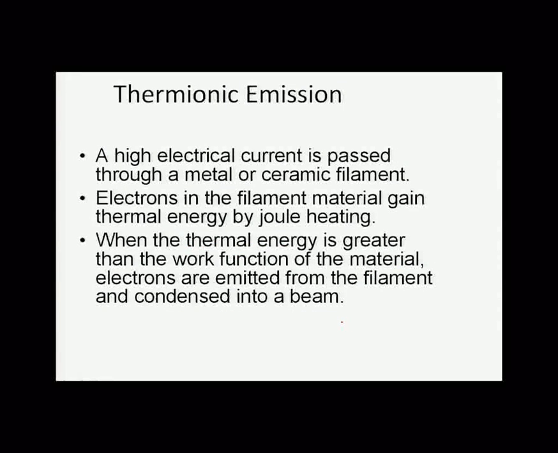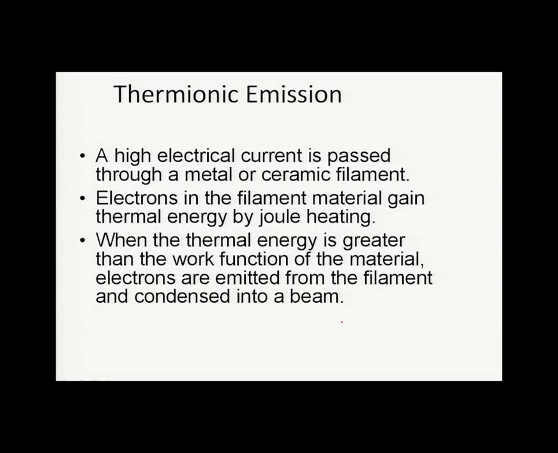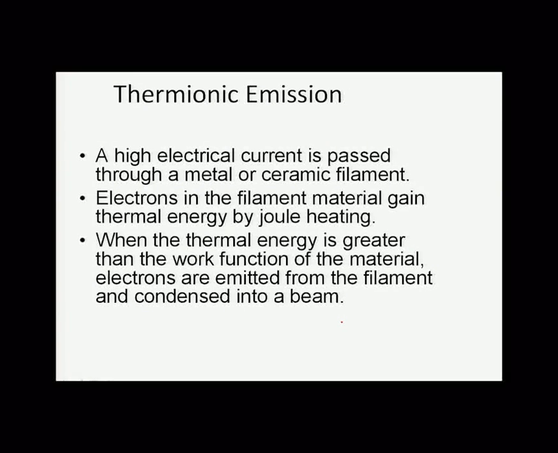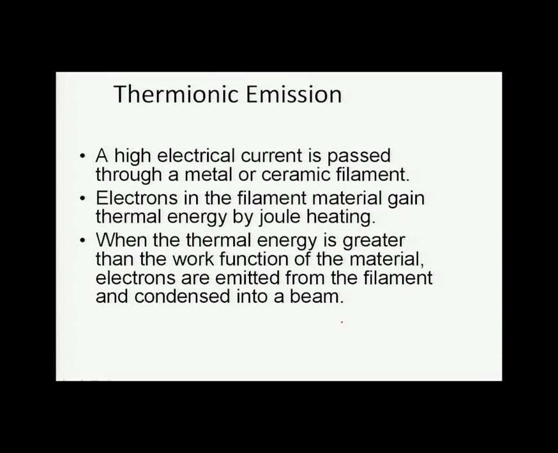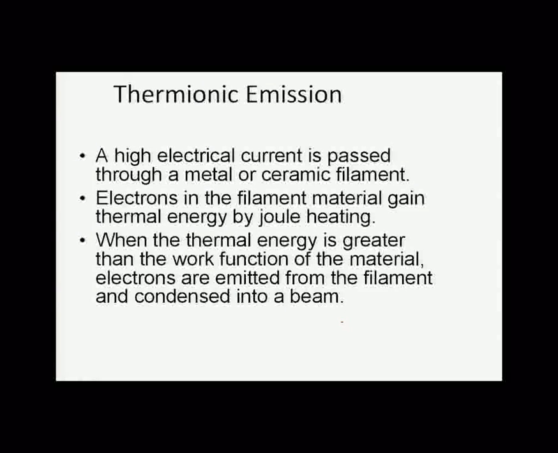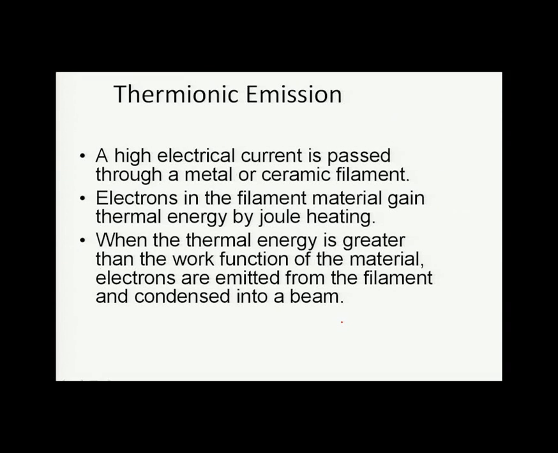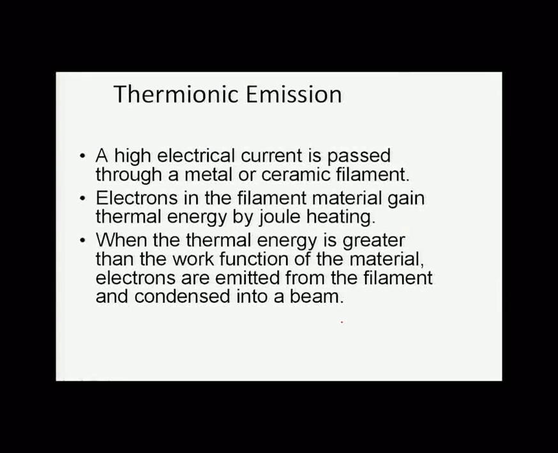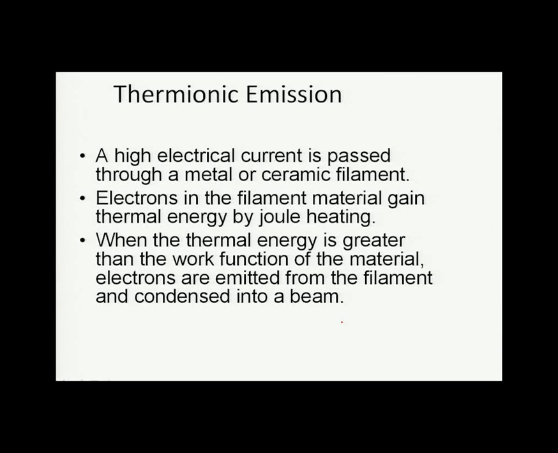So, thermionic emission, in a little bit more detail, a high electric current is passed through a metal or ceramic filament. The electrons in the filament material gain thermal energy by Joule heating, and when the thermal energy is greater than the work function of the material, the electrons are emitted from the filament and condensed into a beam. So we'll draw a quick sketch of that.